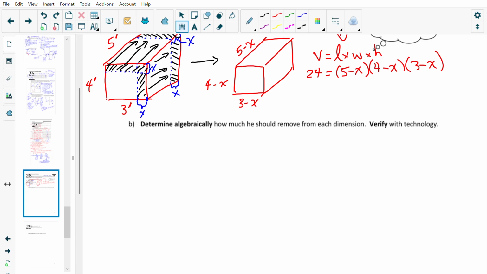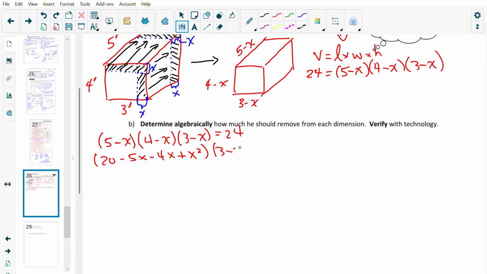Part B, determine algebraically how much he should remove from each dimension. Okay, let's start with 5 minus x times 4 minus x times 3 minus x equals 24. And then I need to multiply all this out. Okay, so what do I got? I got 20 minus 5x minus 4x. Okay, you get the idea. Let me just get through this.